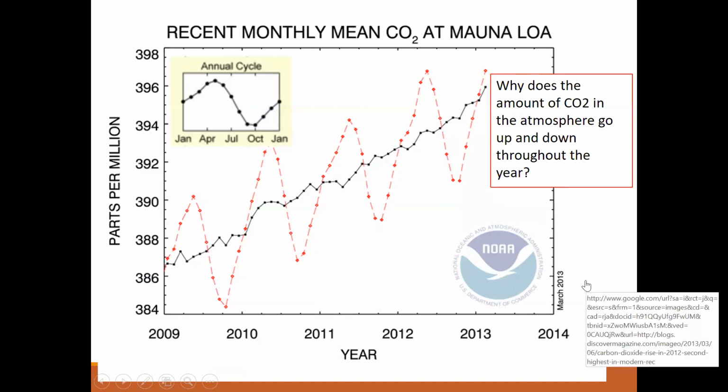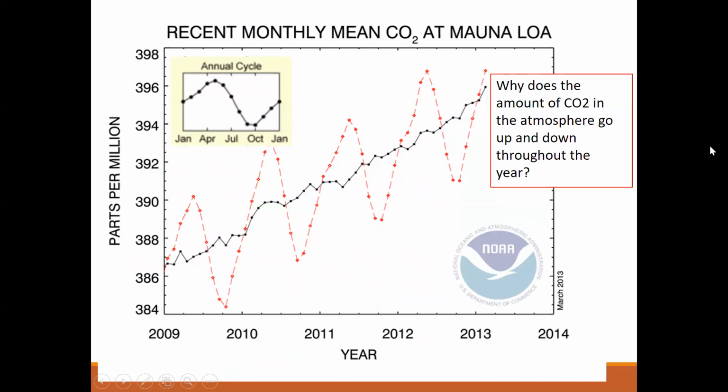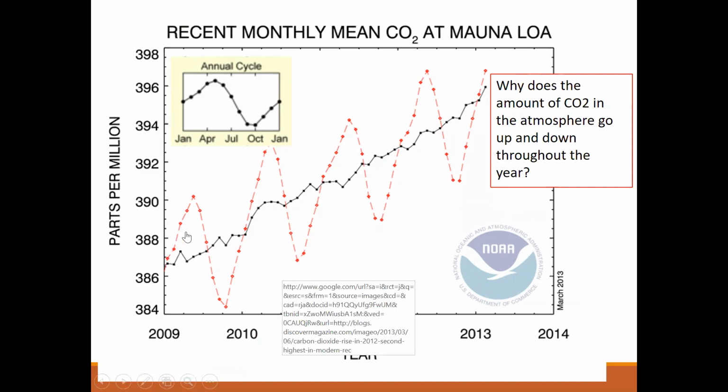Okay, another question. Why does the amount of carbon dioxide in the atmosphere go up and down throughout the year? There are quite a few figures in the reading about this, but it has to do with the simple fact that during certain times of the year, you have more photosynthesizing organisms active on the planet. If you take a look at a globe, most of the landmass of the planet is in the northern hemisphere.